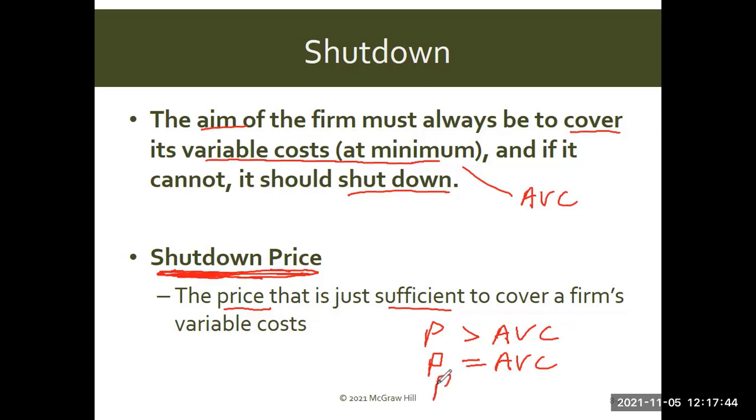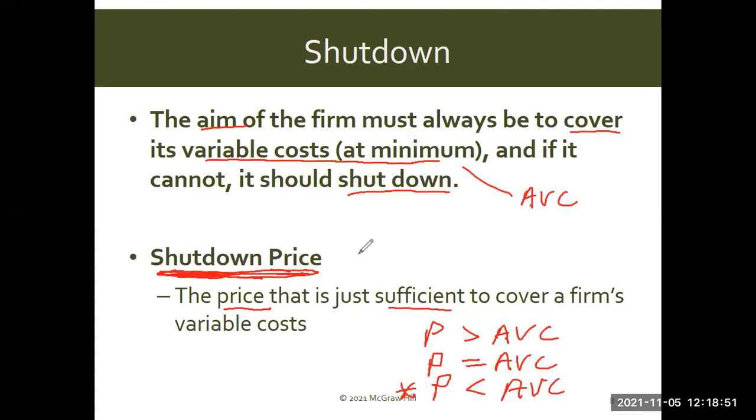But if the price is even slightly below our average variable costs, that's when we go, uh-oh, we better shut down, because we can't even cover our salaries, let alone our fixed costs. When price is equal to average variable cost, it's called our shutdown price. When price falls below it, even by 1 penny, that's when we would shut down.